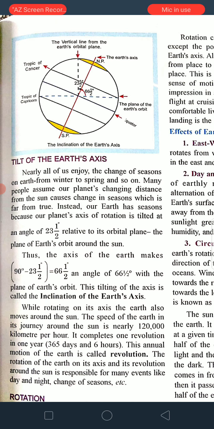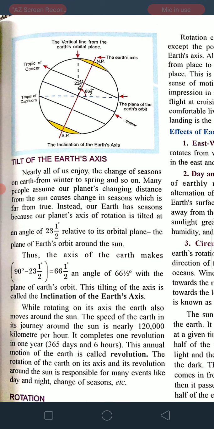We may suppose that the revolution of the earth leads to change in the seasons, but the actual reason is that the earth has seasons because the planet's axis of rotation is tilted at an angle of 23.5 degrees relative to its orbital plane.